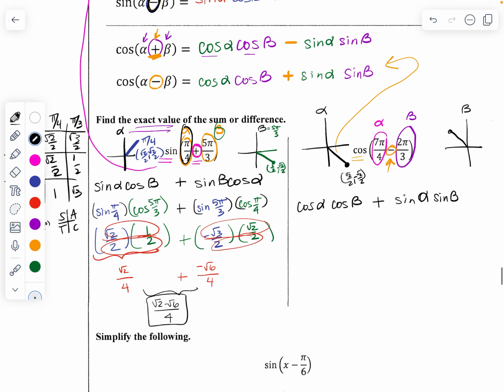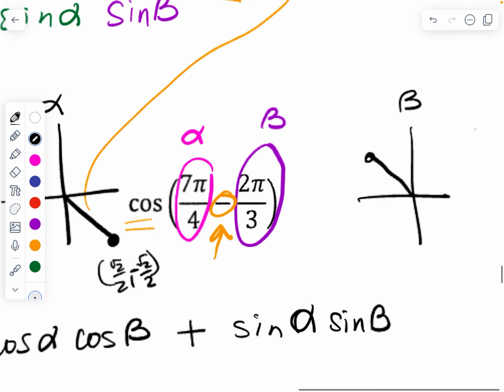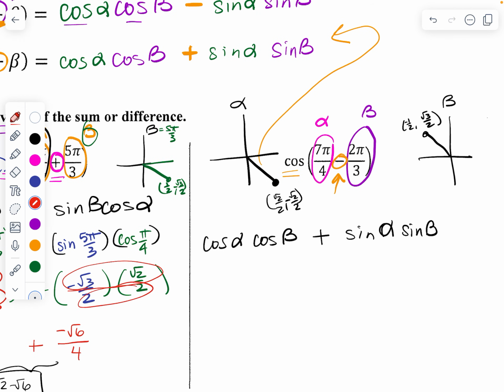And we know from this, anything pi over 3 is 1/2 comma root 3 over 2. We know in the second quadrant, x is negative. Okay, now it's just a little reminder, cosine comma sine. So let's go ahead and fill these in.